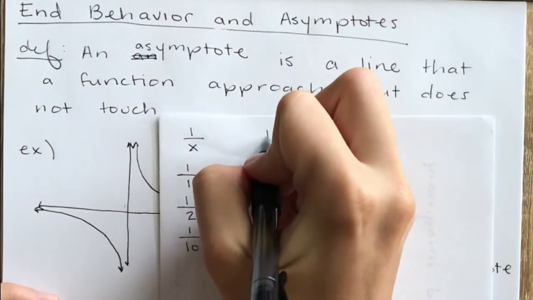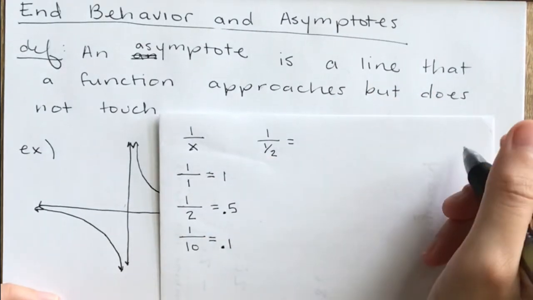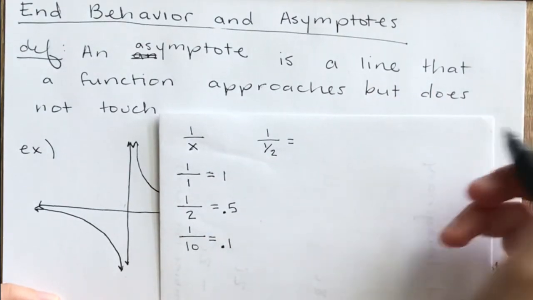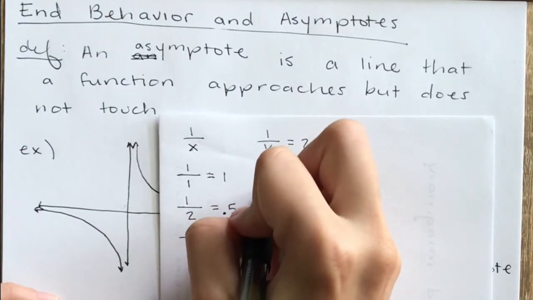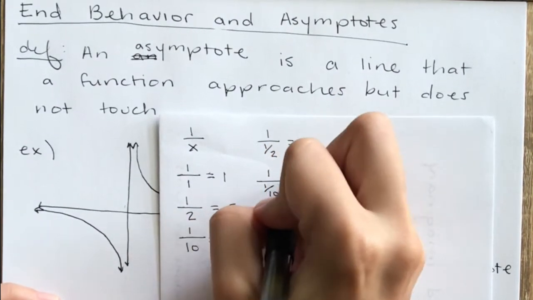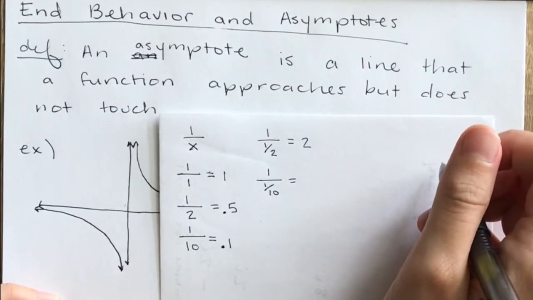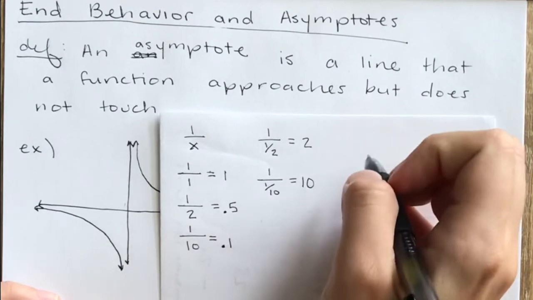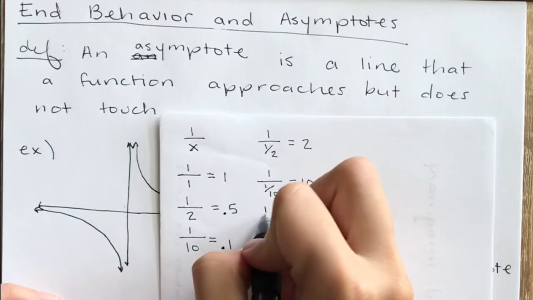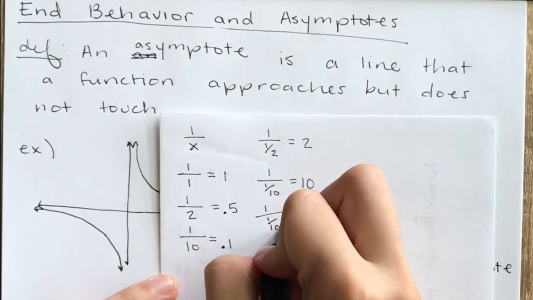I can fit 1/2 into 1 how many times? 2, right? I can fit 1/10 into 1 how many times? 10 times. As that number gets closer and closer to 0, what's happening? Let's say we put in 1/100.